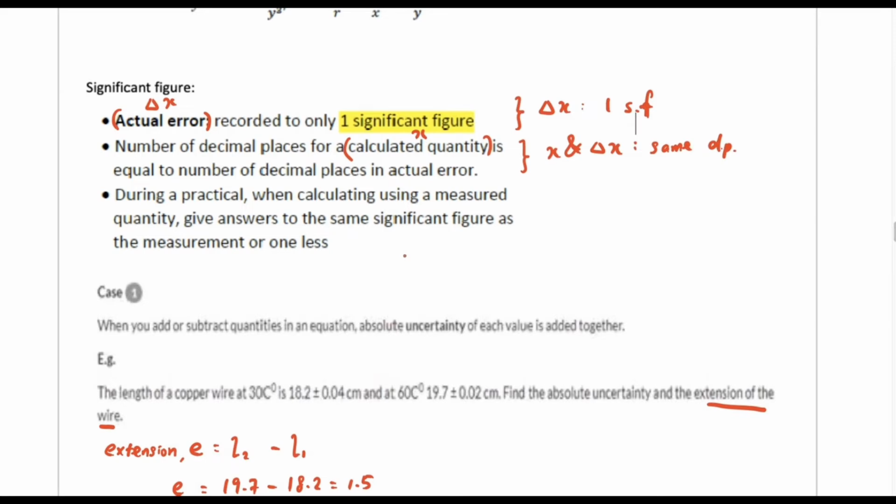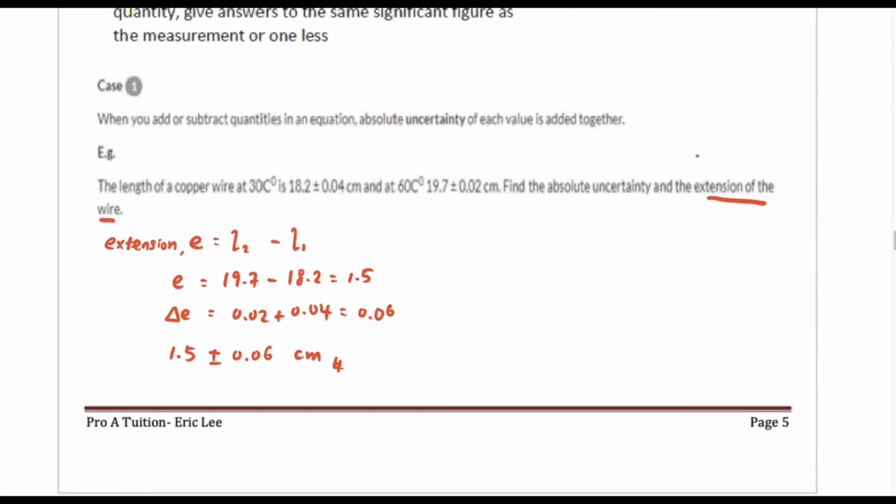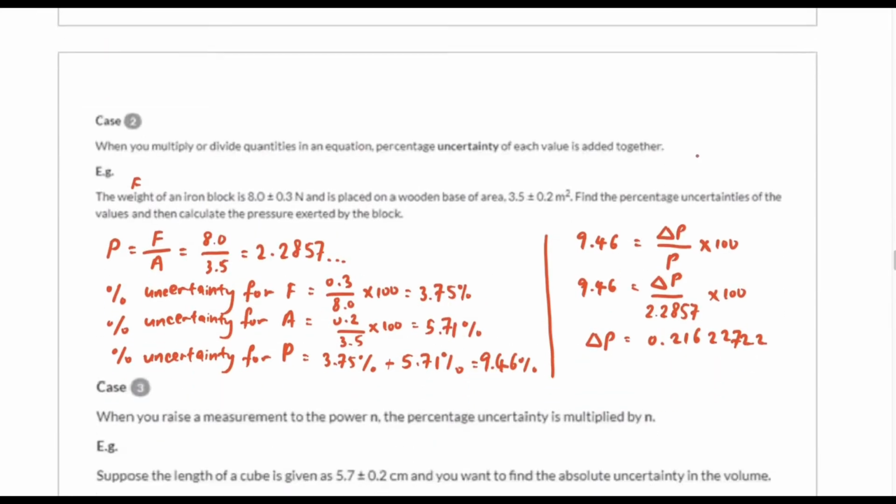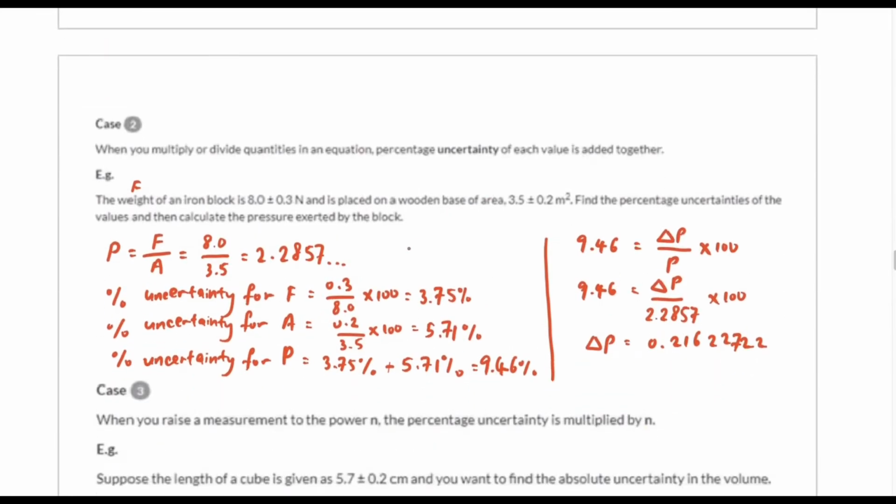Okay. Now our main concern is this part. Delta x, one significant figure; x and delta x, same decimal places. Okay, so we apply it here. That means the delta P, one significant figure. Okay, so we round off to 0.2. That is one significant figure, and the one significant figure here is one decimal place.